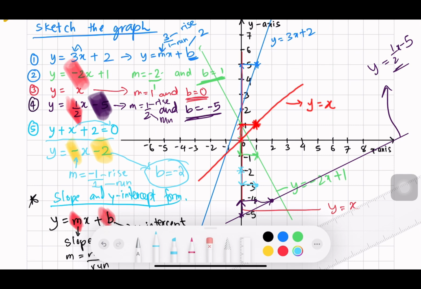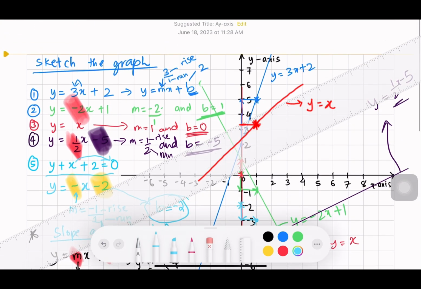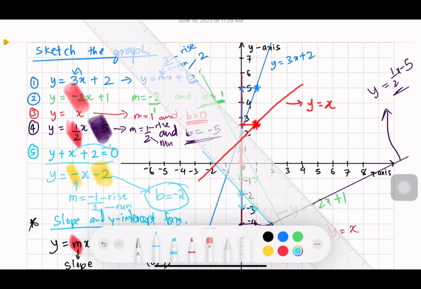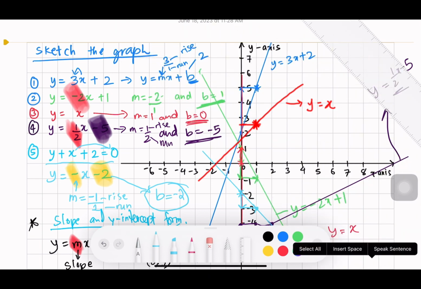Positive 1 means run means 1 distance. Then I bring my scale and join the points: the y-intercept and the stopping point. So this line is y plus x plus 2 equals 0.